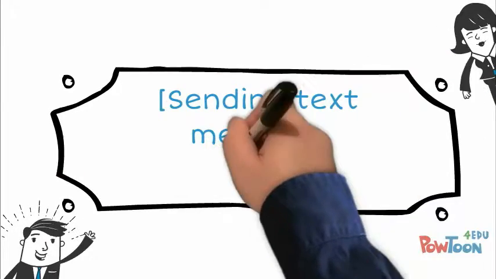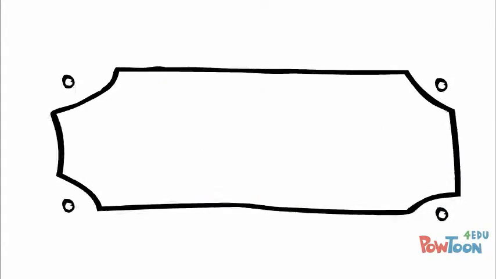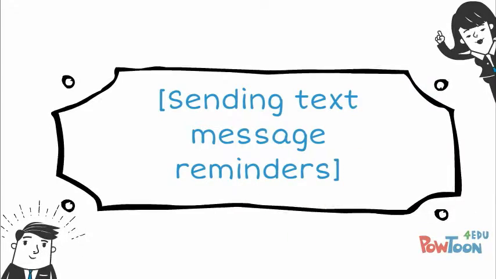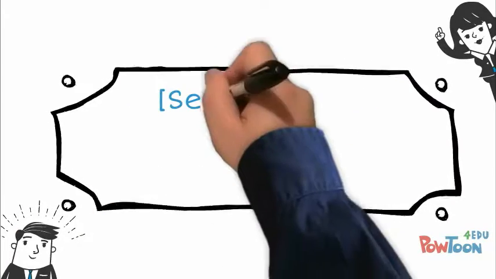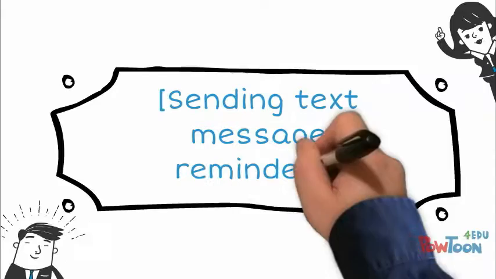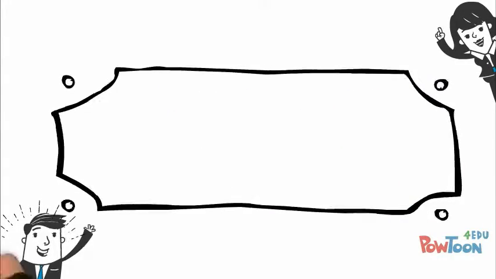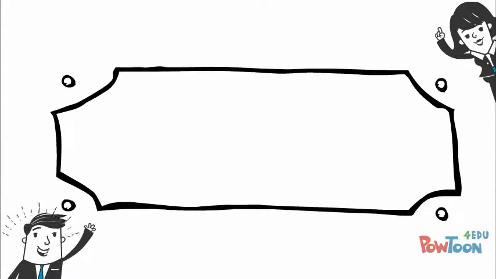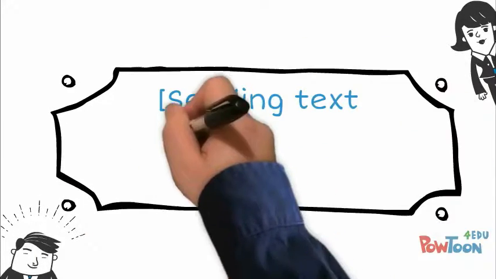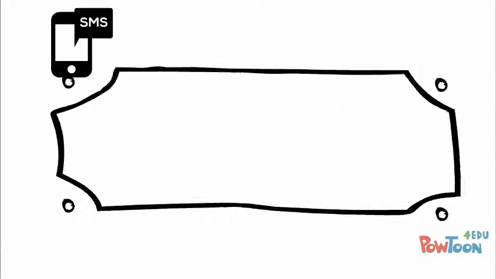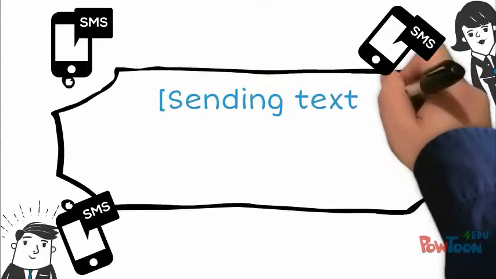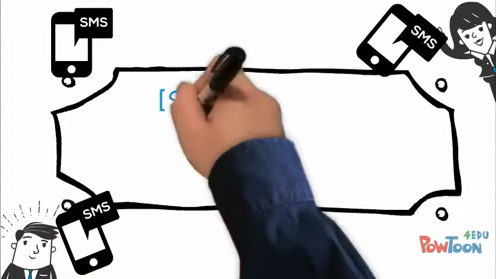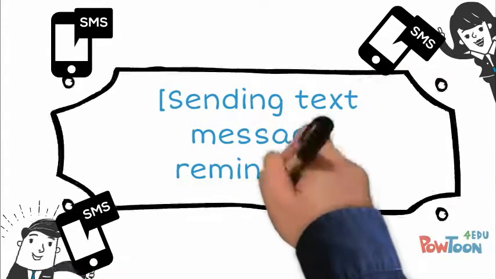So Remind lets educators send messages safely and securely to students and parents, and they can be sent on any cell phone or smartphone that receives text messages. Another software to consider is also Carrot, which is not necessarily a reminder, but it's like a to-do list, and so it gives students some sort of platform where they can remember dates and remember when things are due.